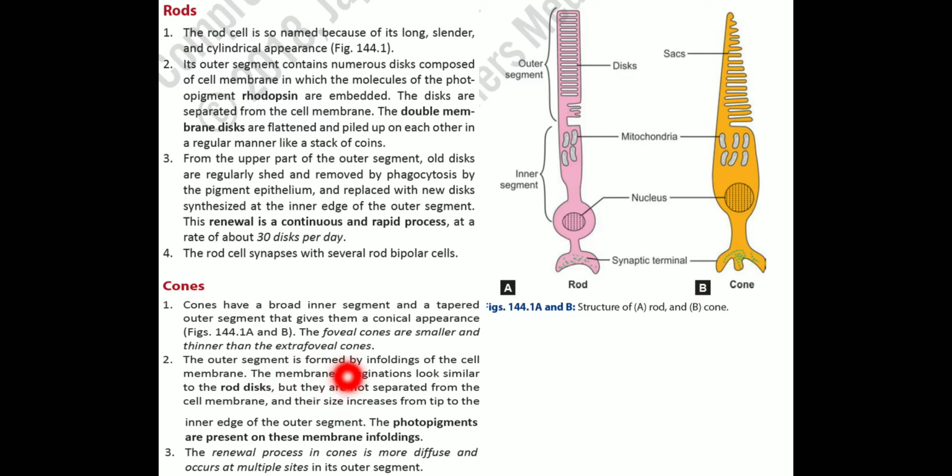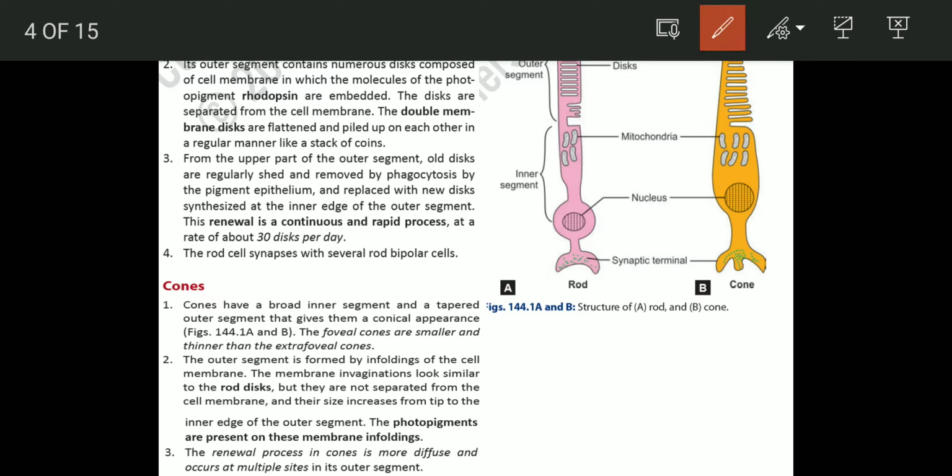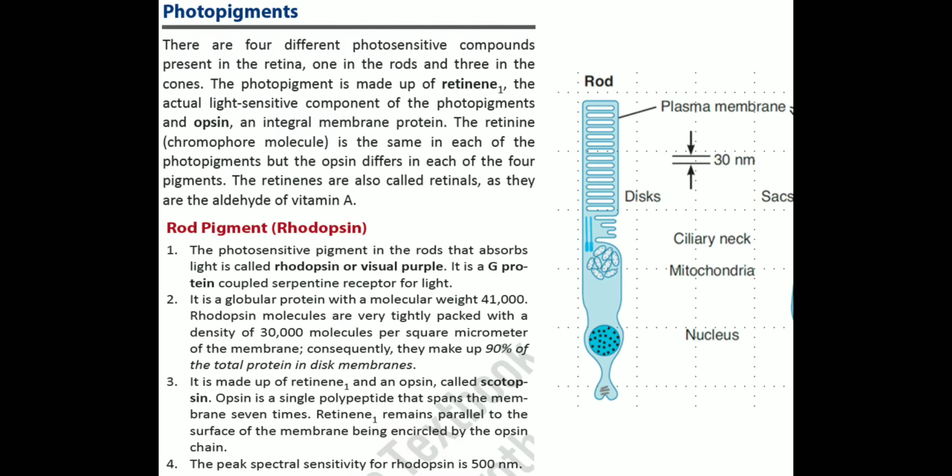The outer segment is formed by enfolding of the cell membrane, and the membrane invagination looks similar to the rod disc. Remember that the photopigments are present on these membrane enfoldings. The renewal process in cones is more diffuse and occurs at multiple sites in the outer segment.